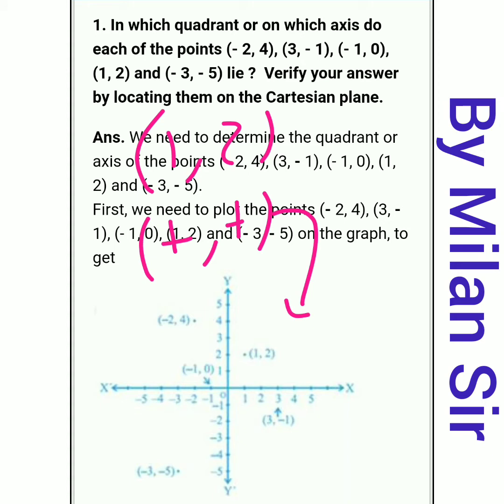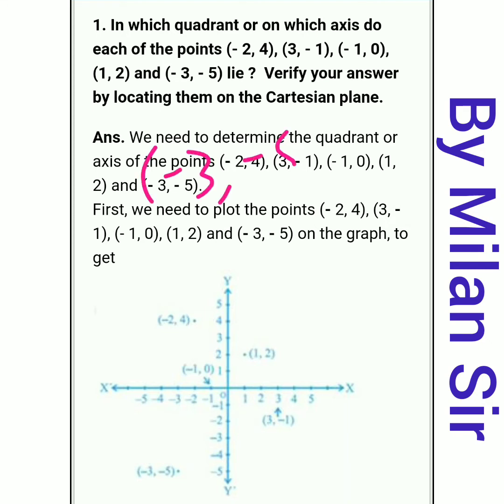This is the sign of the first quadrant. Then we have (-3, -5). Both coordinates have negative sign, so this is the sign of the third quadrant. So this point lies in the third quadrant.